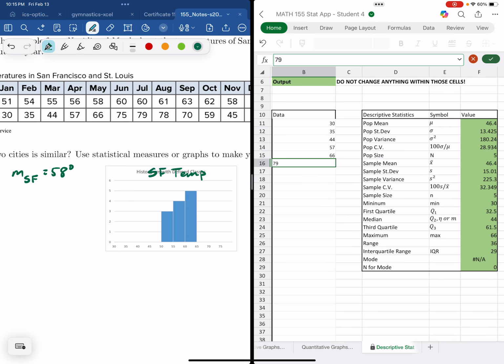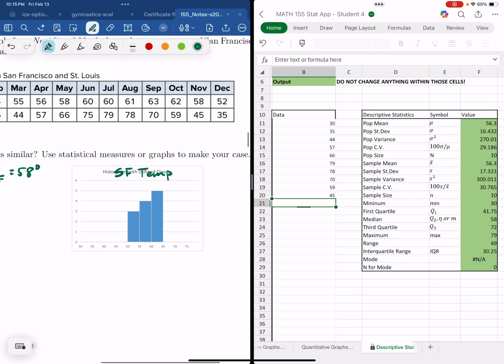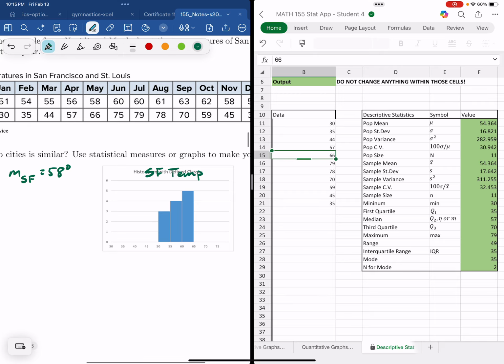So I'm entering the numbers. Maybe you have an observation just looking at the numbers. I may have missed a data point. Hold on one sec. 30, 35, 44, 57, 66. Sorry about that. Missed 75.